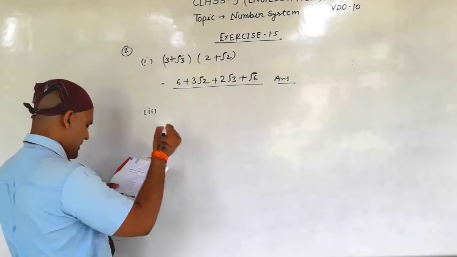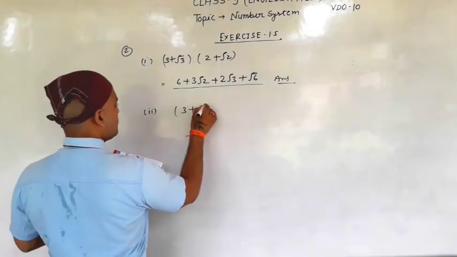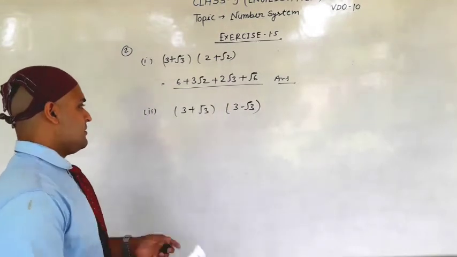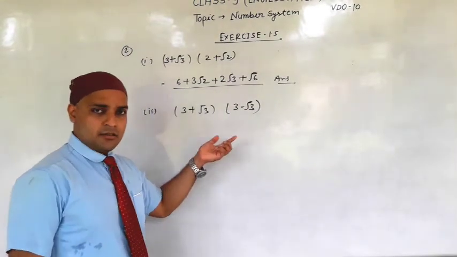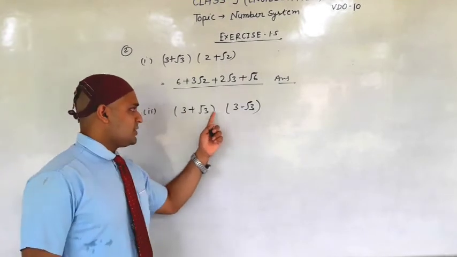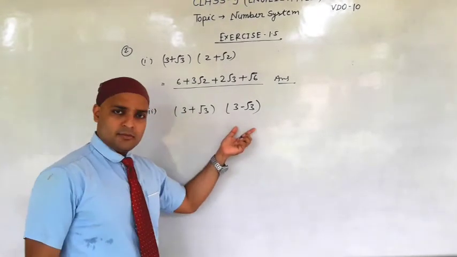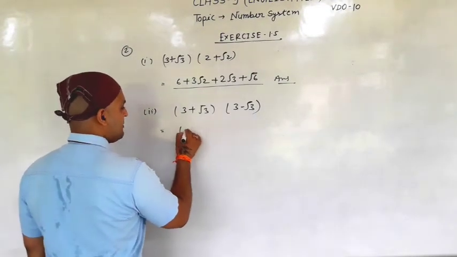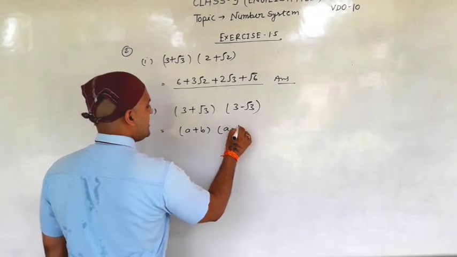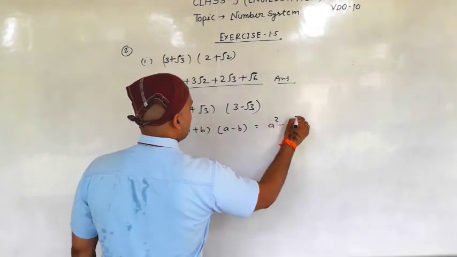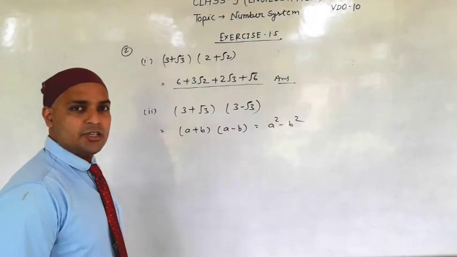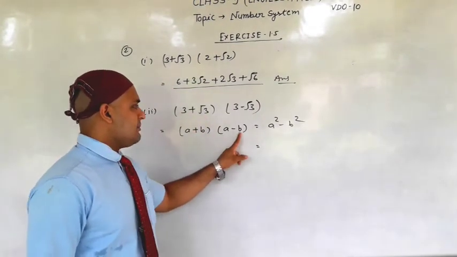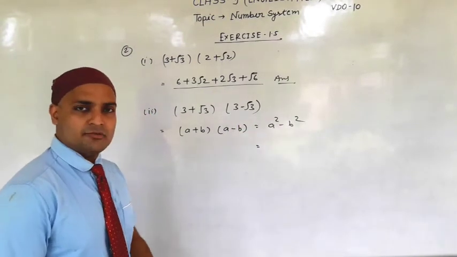In the second, 3 plus root 3 and 3 minus root 3. Students, we can use identities here. You know 3 plus root 3 and 3 minus root 3, the numbers are the same. We can use the identity we studied: a plus b times a minus b gives a square minus b square.